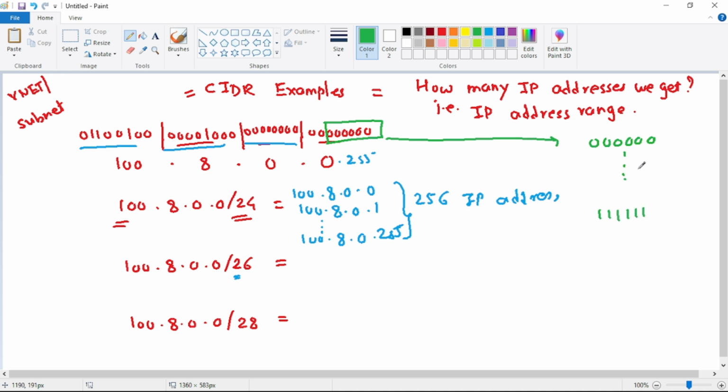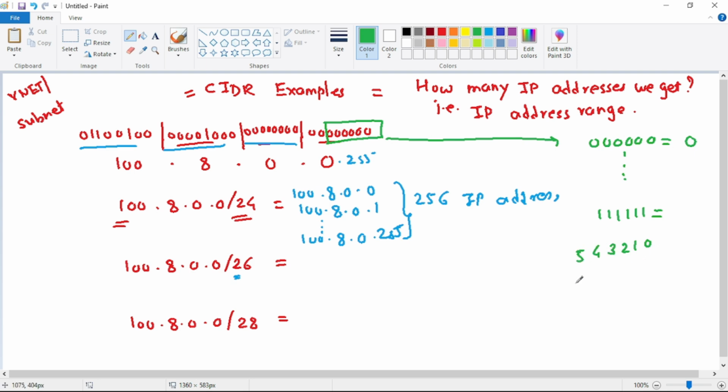Again we need to find the position of each bit: this one is position 0, this one is 1, this one is 2, this one 3, this one 4, and this one 5.